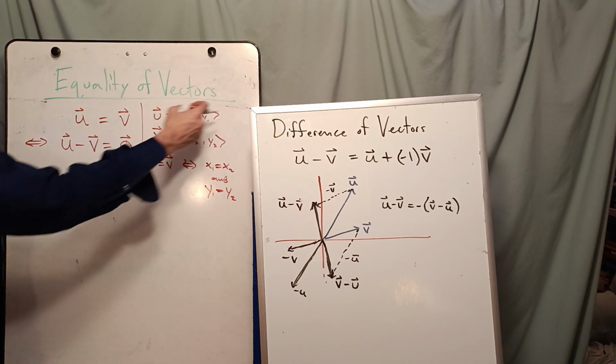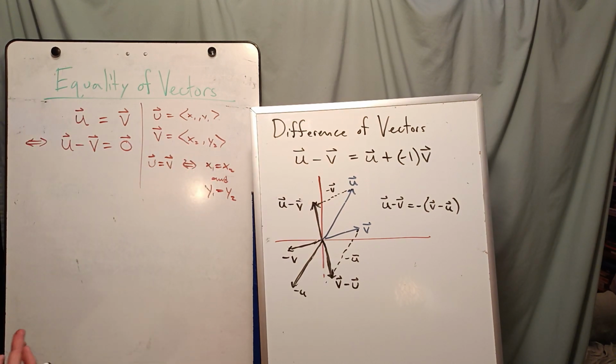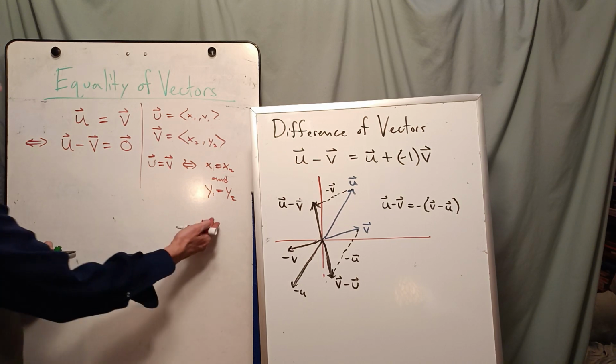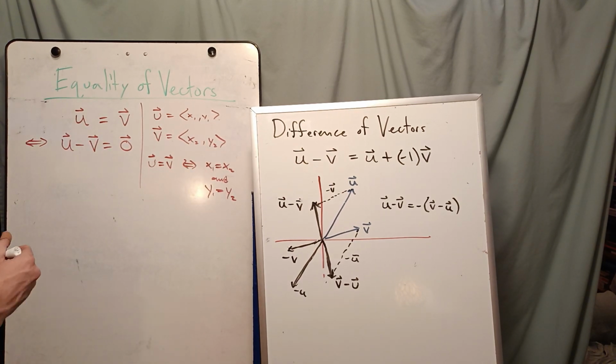And if this was a longer vector, then you just have to have equality of the components in a longer chain here, z1 equal to z2, and so on, in order to say that two vectors were equal.